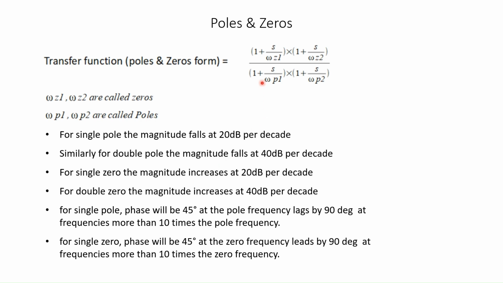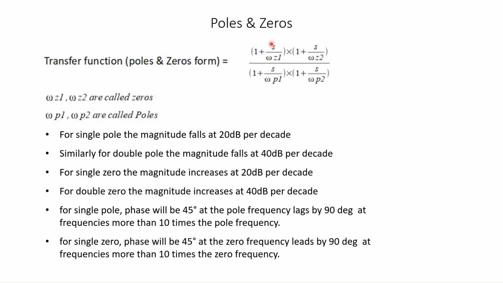Regarding the phase, when omega reaches omega p1, since omega is far less than all other poles and zeros, the phase will be minus 45. When it reaches omega p2, it would already have become minus 90 and another 45 will be added, so minus 135.